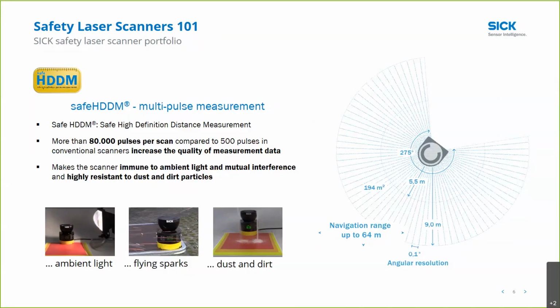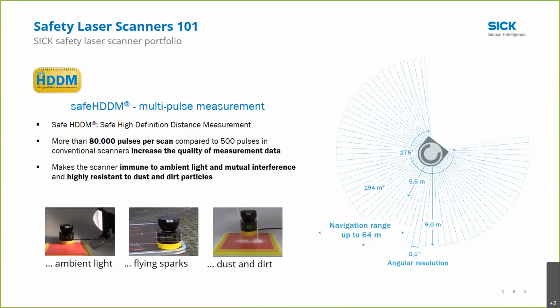So that laser spins around, depending on the type of scanner, usually every 30 to 40 milliseconds. And so again, with those scanners, they take that 500 data pulses. Well, with Safe HDDM, we've increased that to be more than 80,000 pulses per scan. So increased by just a little bit there.